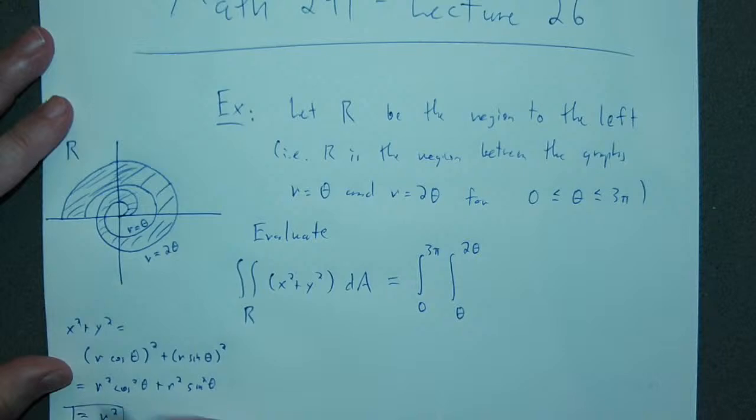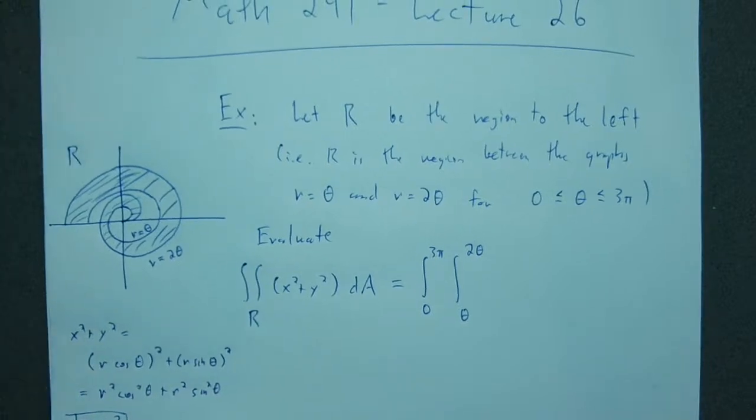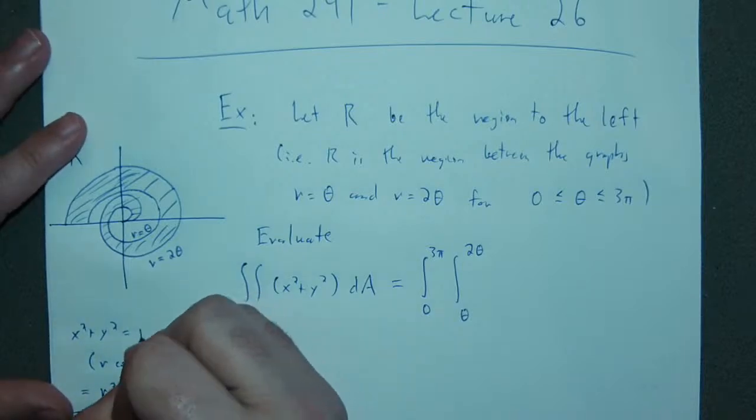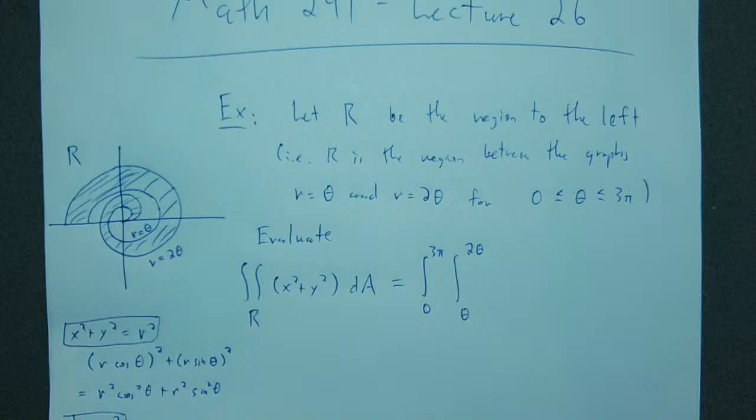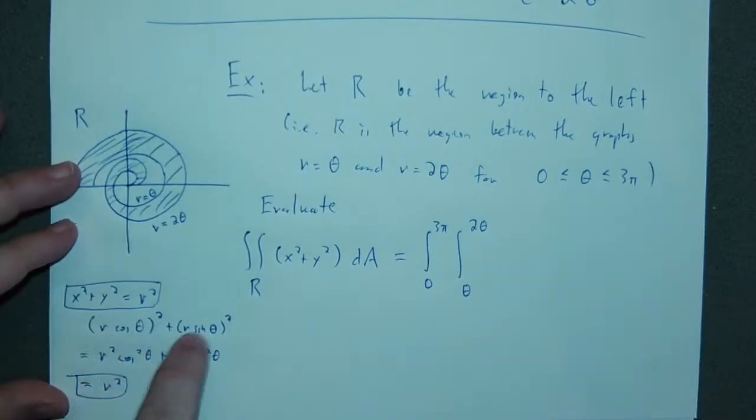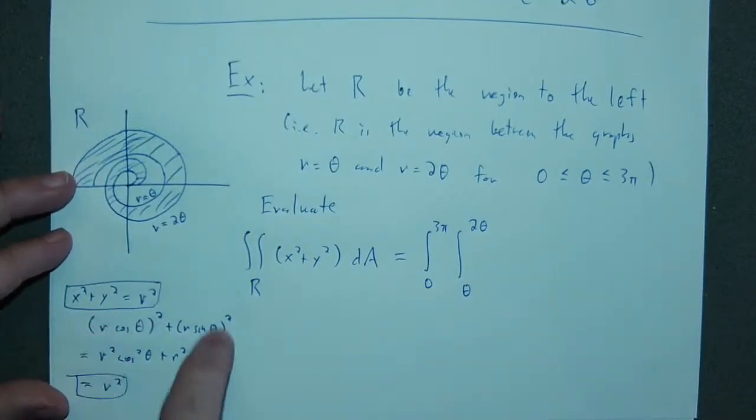There's absolutely nothing wrong with this, but it can save you some time if you just note, well, this is how r is defined anyway, right? So x squared plus y squared is r squared in polar coordinates, and the reason this is the case is because of this algebra I just did.